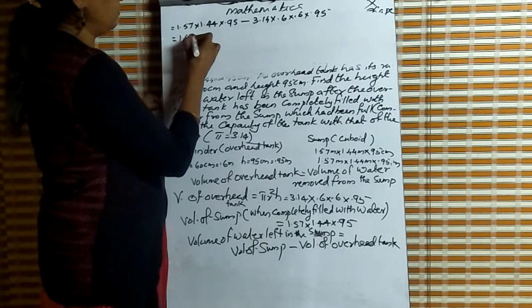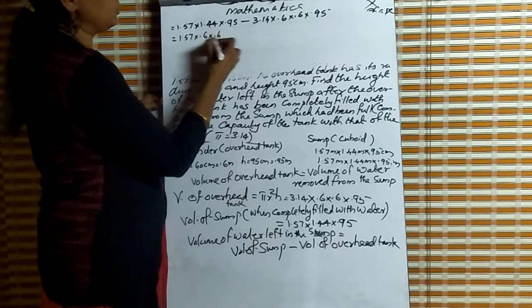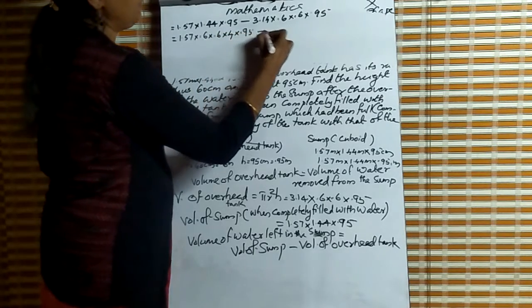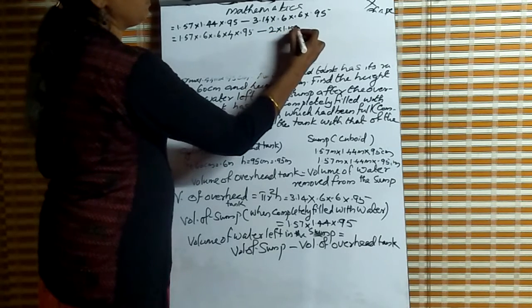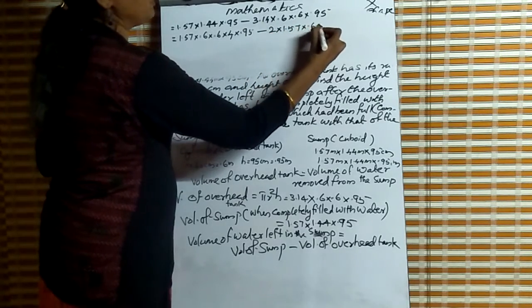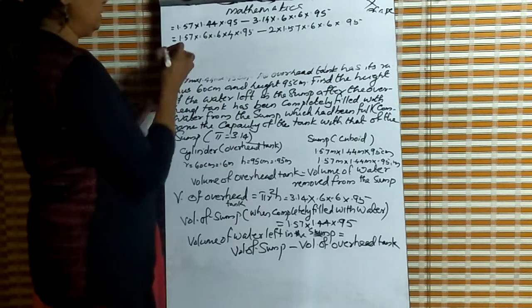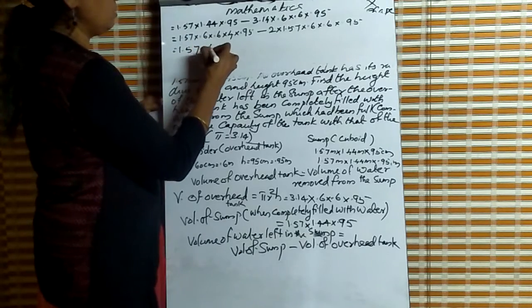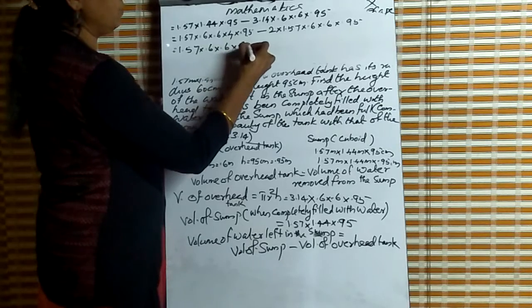Listen, 1.57 into 1.44 is 0.6 into 0.6 into 4 into 0.95 minus 3.14 is 2 into 1.57 into 0.6 into 0.6 into 0.95. Take common numbers 1.57, 0.6, 0.6, 0.95.